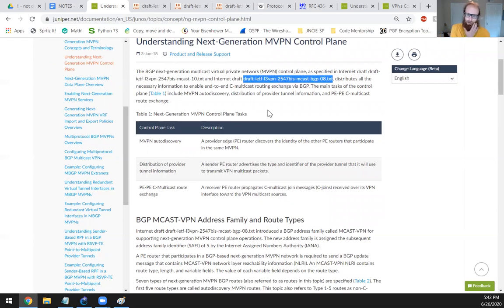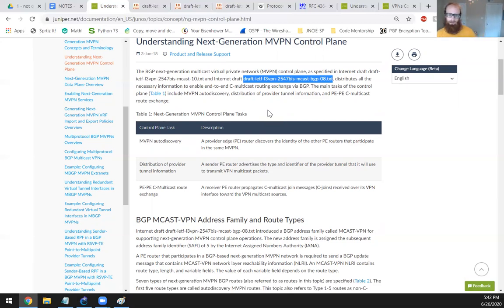So this is the next generation MVPN control plane tasks. We've got two columns here. One is all of the control plane tasks, and the second one is the description of the control plane tasks. So the first control plane task is MVPN auto-discovery, and a description of that is a provider edge, PE, router discovers the identity of the other PE routers that participate in the same VPN. Next control plane task is distribution of provider tunnel information.